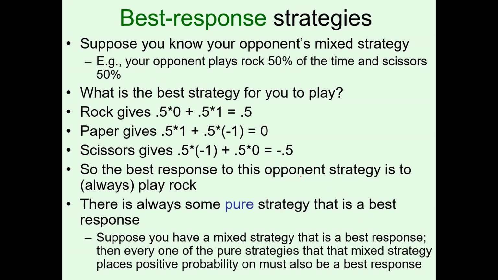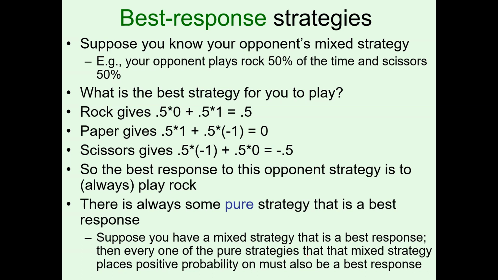So there is always some pure strategy that is a best response. So suppose you have a mixed strategy that is a best response, then every one of the pure strategies that the mixed strategy places positive probability on must also be a best response. So this is actually a response strategy.